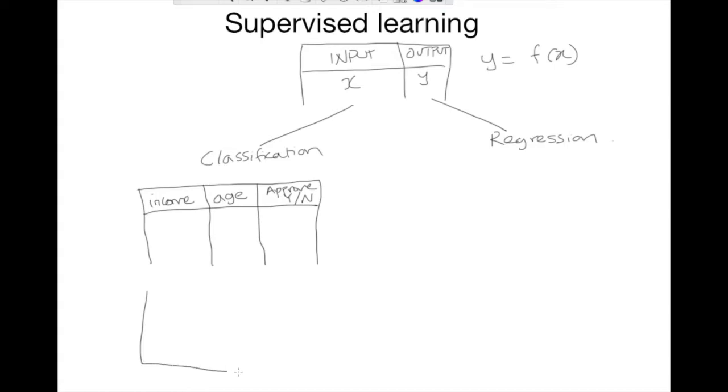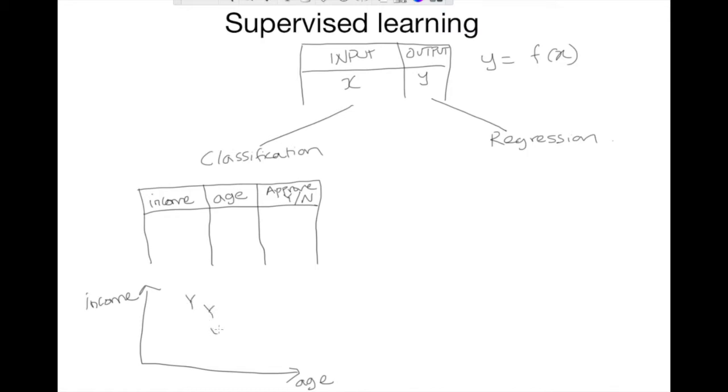If you were to visualize it, you can plot it into 2 dimensions, and let's say this is our income, age. So all the applicants who are approved, you can plot them up.